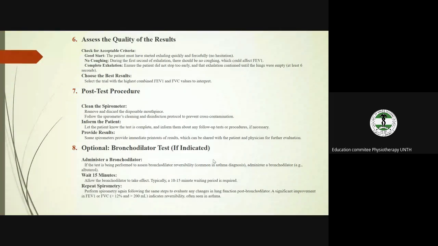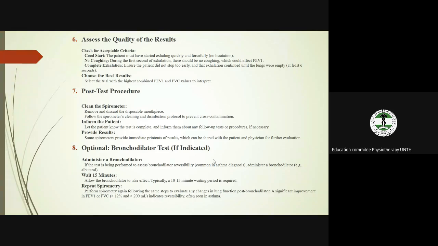Post-bronchodilator, a significant improvement in FEV1 or FVC, which is more than 12% or more than 200 mils, indicates reversibility, often seen in asthma.